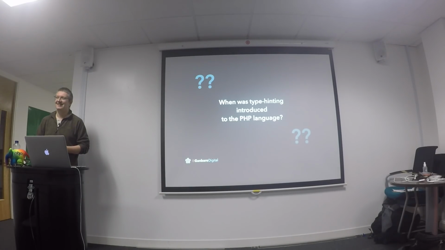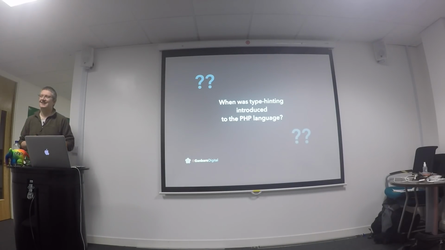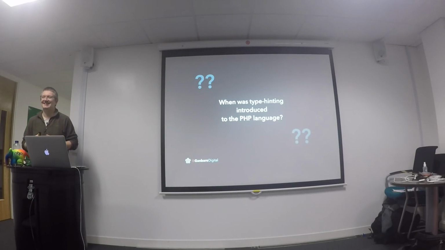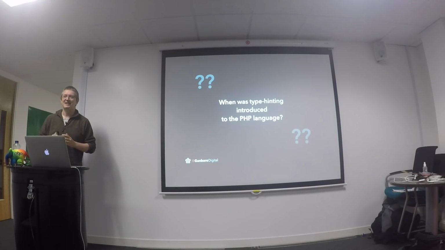PHP 7, you're saying? No. It was there before, but. Right. Okay. But when, in that limited form, do you know when it was first added? I think it might have been 5.1. Okay, so 5.1. Bets higher and lower. Who wants to go higher than 5.1? I'll go for 5.1. Another 5.1. 5.2.